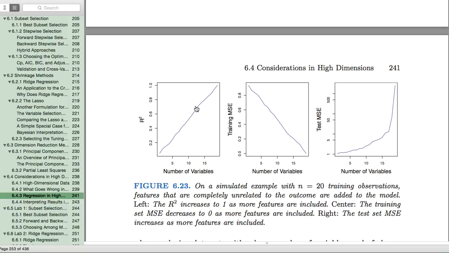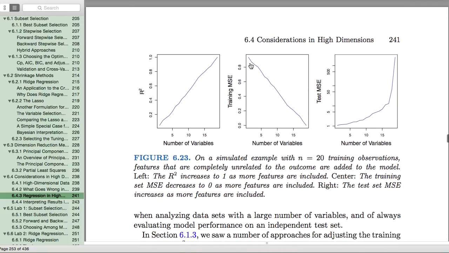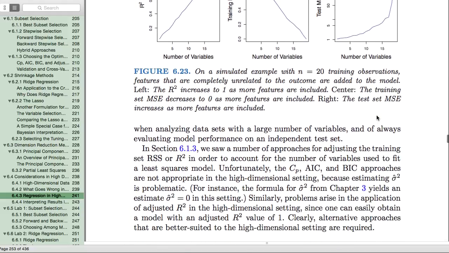A lot of times you'll see people reporting the R squared, and it makes it sound like they've got a good model, but they are only reporting a good R squared because they threw in a bunch of extra unrelated variables, and the variability just loaded on those variables. And so the training MSE went down. That doesn't mean that they're going to be able to predict anything.